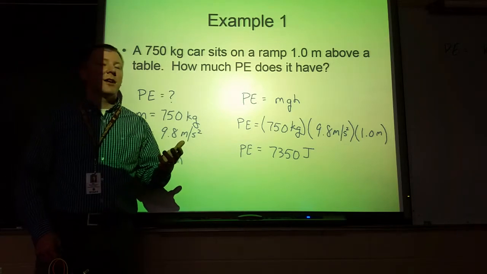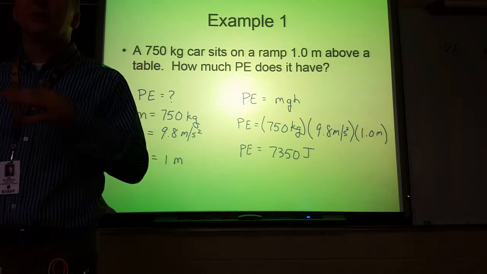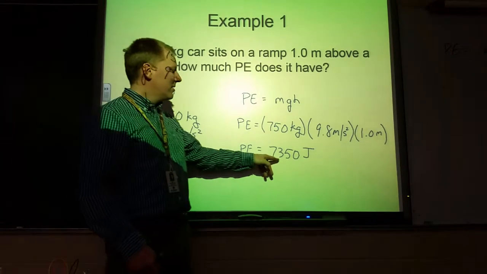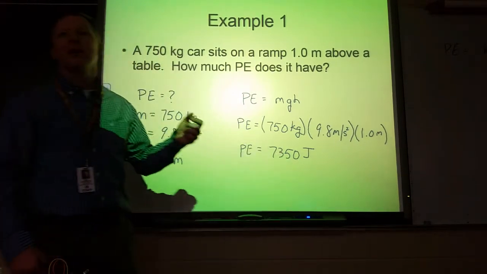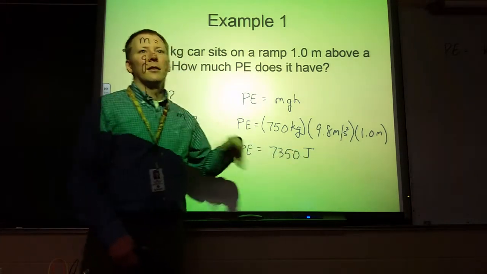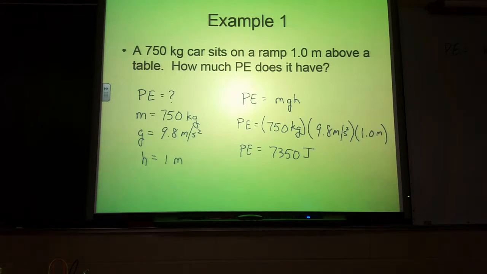So a light bulb is often 60 watts. What that means is that's 60 joules every second. So 7,350 joules is quite a lot, especially when you compare that to, say, how long this energy could light up a bulb, so to speak. But it is pretty tough to actually say.